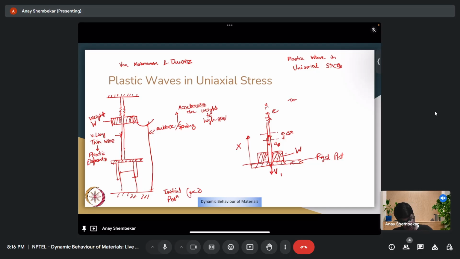You have got a tensile wave going upward, which basically means particle velocity downward. I think in the first or second class we looked at how, when we have a compressive stress wave, the particle velocity is in the same direction as your stress wave direction.